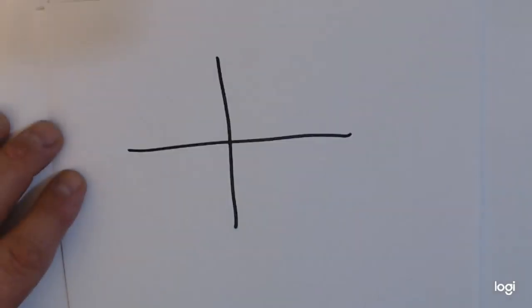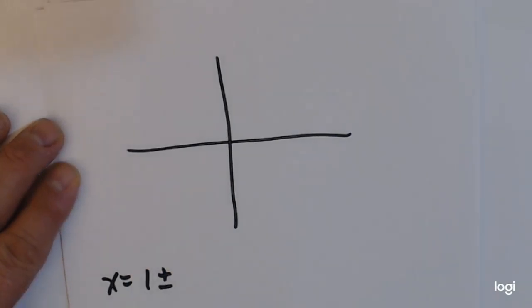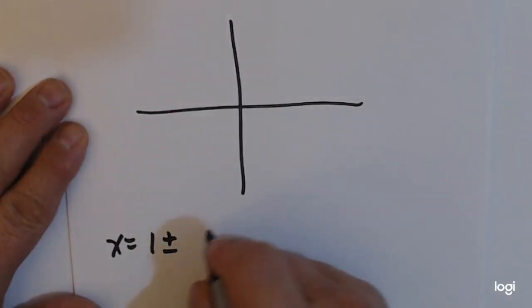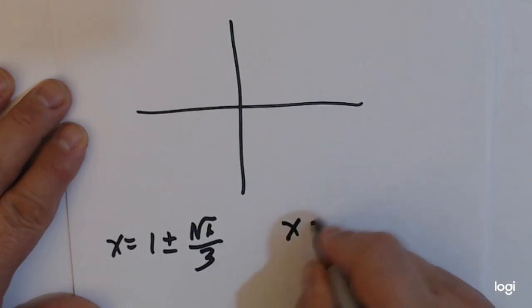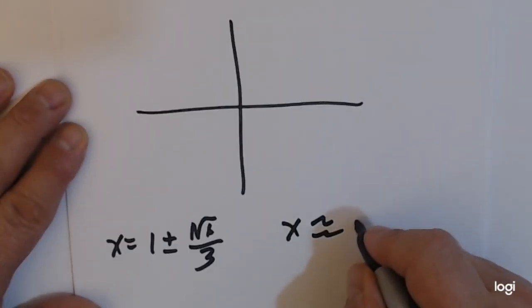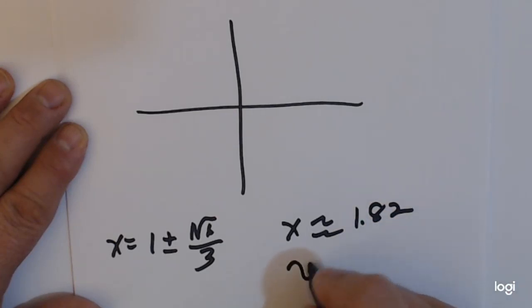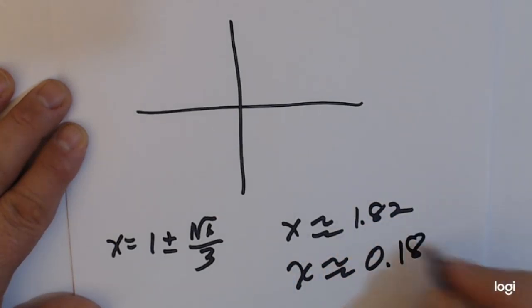So, if we use x equals 1 plus or minus the square root of 6 over 3, x is going to be approximately equal to 1.82, and x will be approximately equal to 0.18.